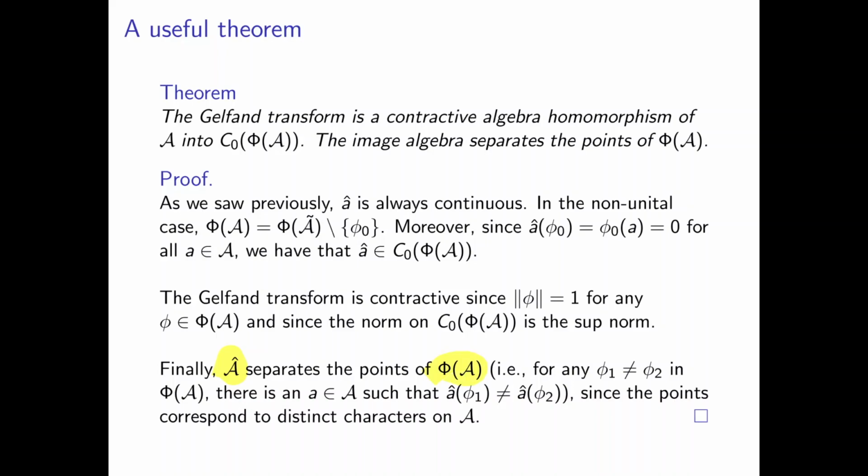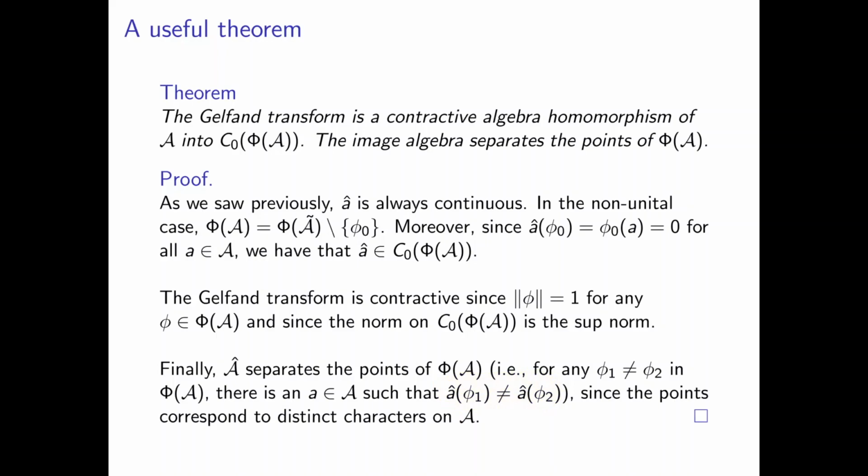And what I mean by that is simply that if phi 1 is not equal to phi 2 in the set of characters, then there must be an element a in the algebra such that a hat of phi 1 is not equal to a hat of phi 2. And this is just because these points, phi 1 and phi 2, correspond to distinct characters on A. And by definition, you must be able to find an element a where these two characters disagree.